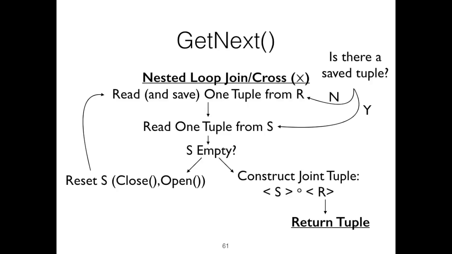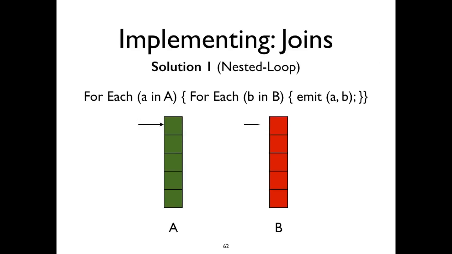All right, cross product. This one's a little bit weirder. In fact, quite a bit weirder. Here's the messy flow chart. But what I like to do is describe this with an example. So joins or cross products can be implemented in a couple of different ways.